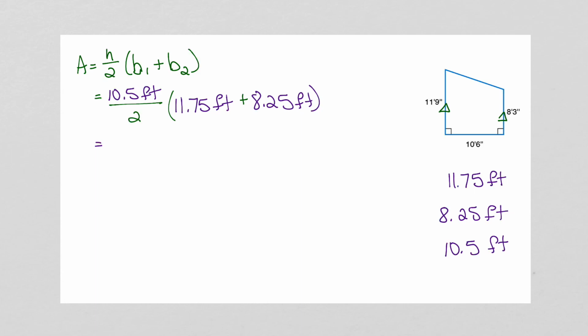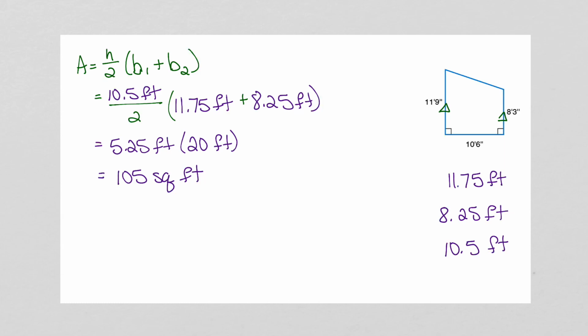10.5 divided by 2 is 5.25. And add those, and we have 20 feet even. Multiply, and we have 105 square feet. So we're almost there.